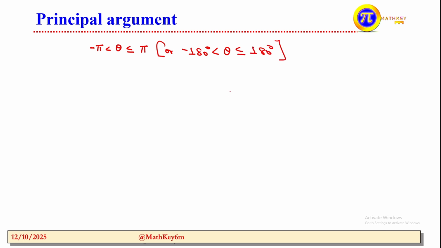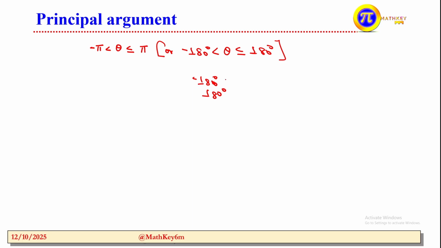Why do we use this? To make this theta unique. Otherwise, infinitely many arguments could exist. To be principal, it must be between these. At the same time, we said that negative 180 degrees and 180 degrees have the same trigonometric value.